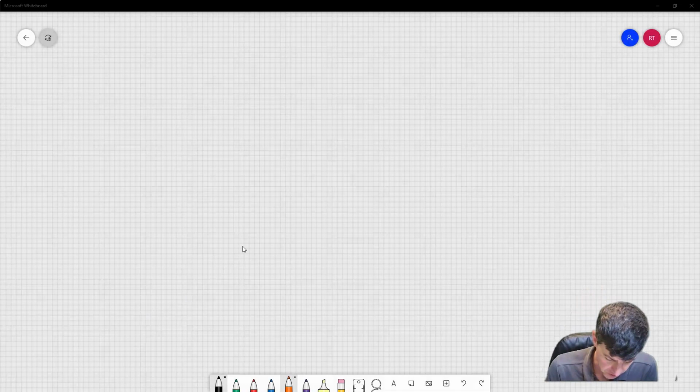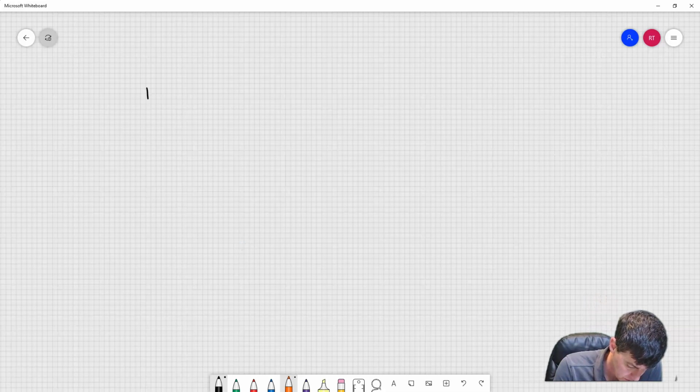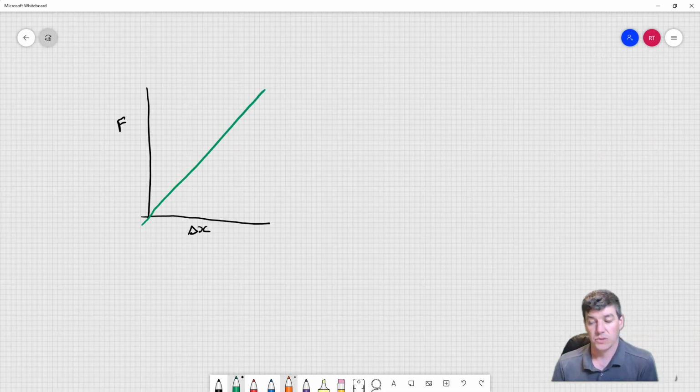Okay, so just to recap, when we had a spring, we had a graph that we created of force versus the change in length, and our spring looked like some sort of straight line.